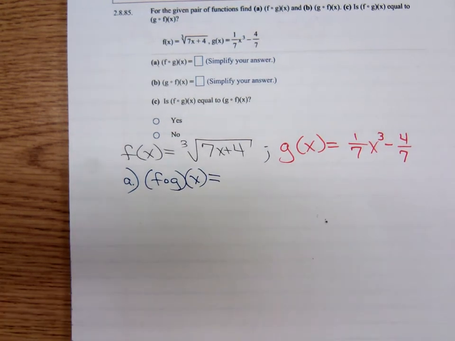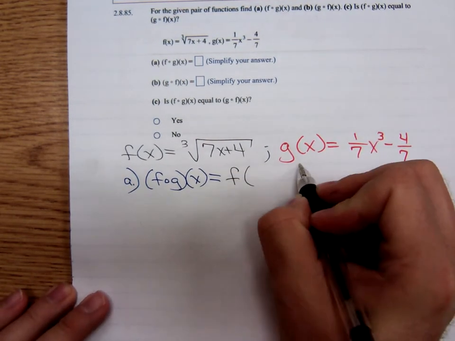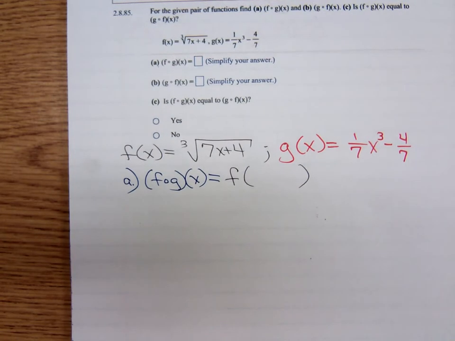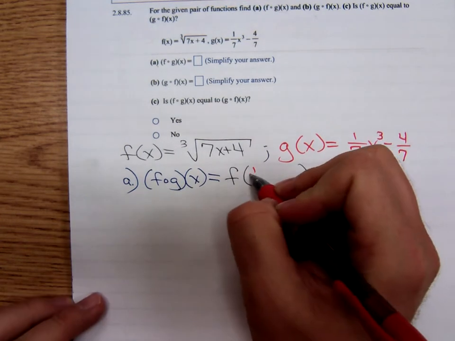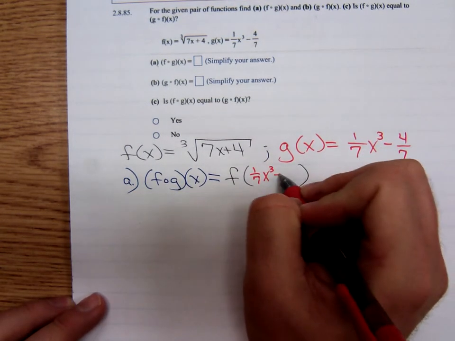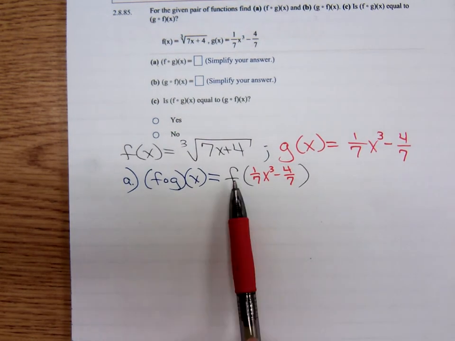What letter's on the outside? F is on the outside, and on the inside I have g of x, the 1/7 x cubed minus 4/7. This is saying go to the function f.